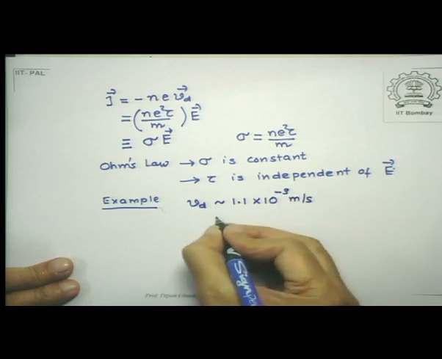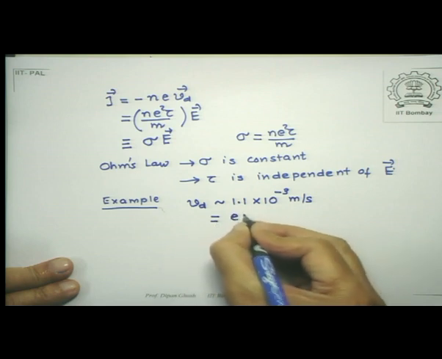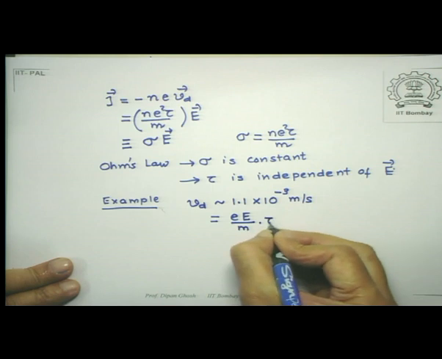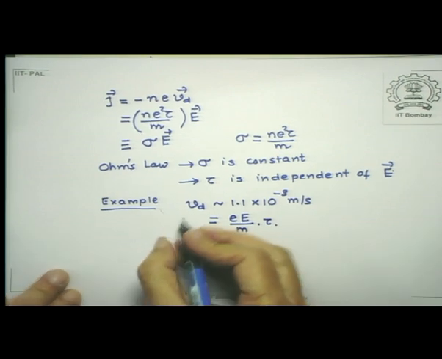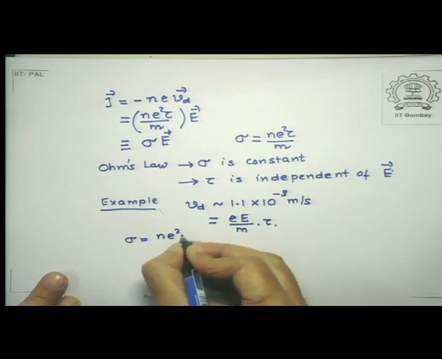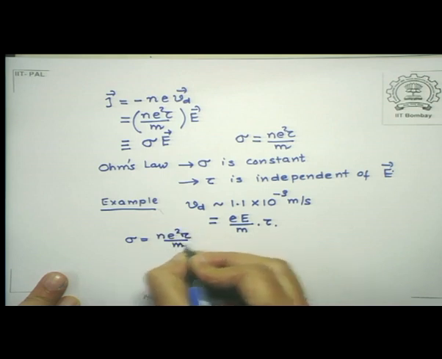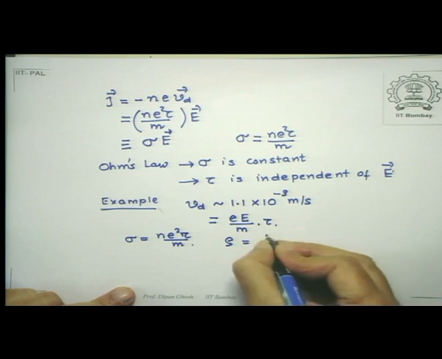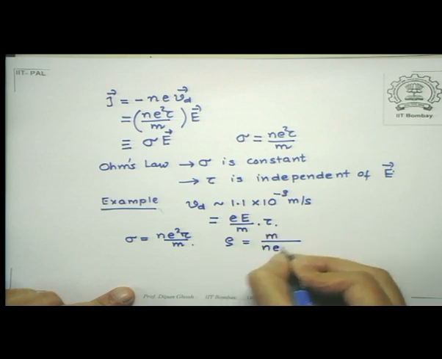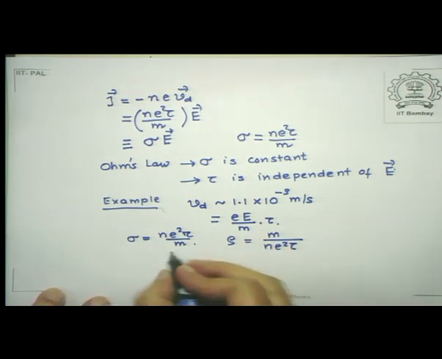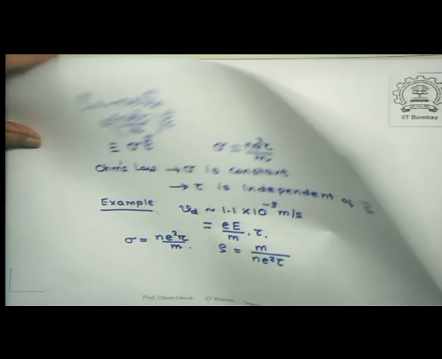Using this I want to calculate tau, so that my sigma, which is N E square tau over m, or the inverse relationship, is resistivity. So, resistivity is m by N E square tau. Remember, I have given you the data for rho, which we have said is 1.7 into 10 to the minus 8.